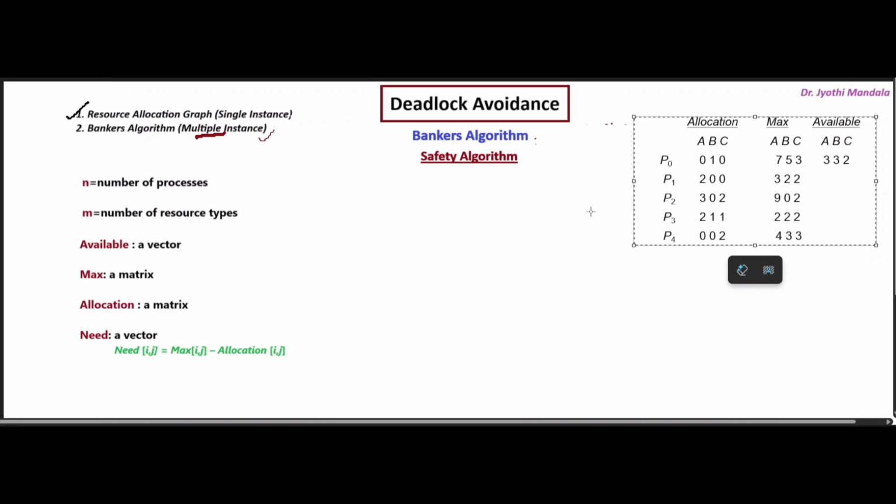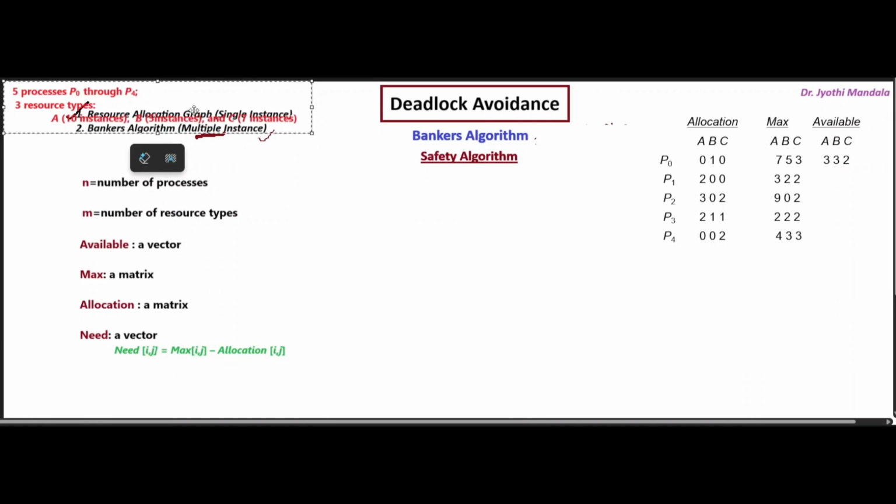Initially, let us consider that A has 10 resources, B has 5 resources, and C has 7 instances.